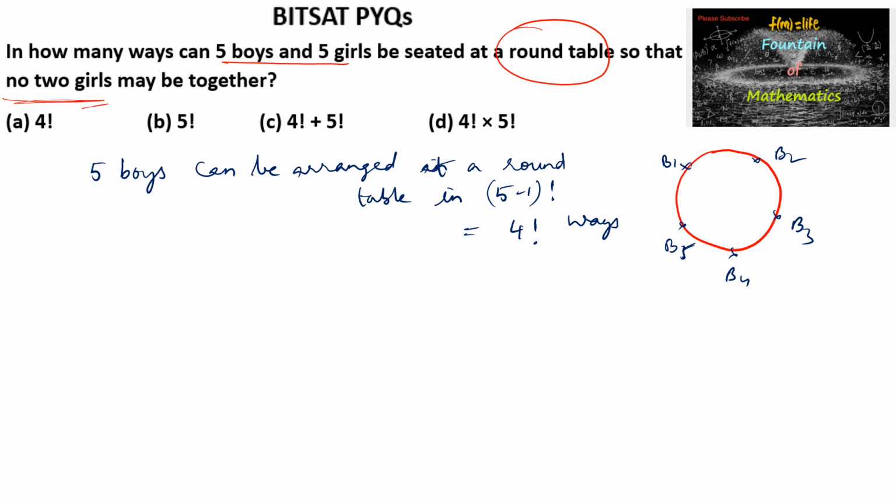Now, in the remaining gaps we have 1, 2, 3, 4, 5. In these 5 gaps, these 5 girls can be seated so that no two girls are together.